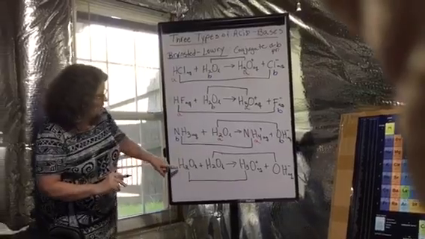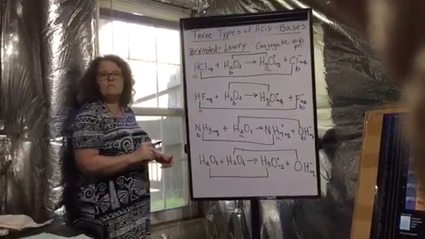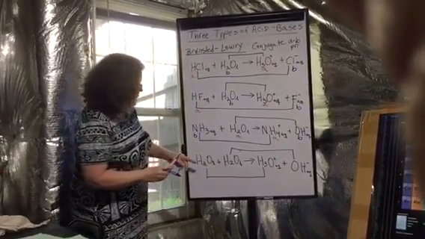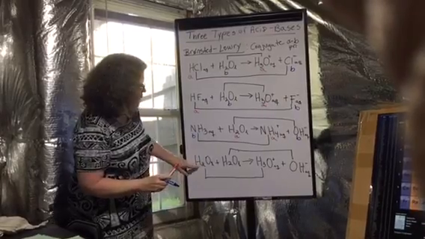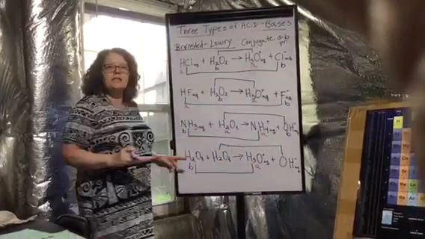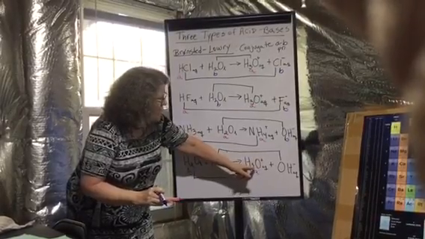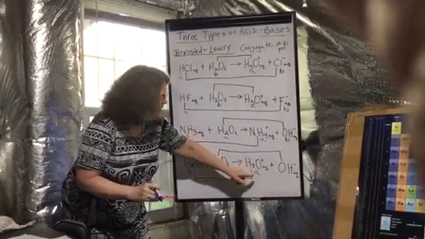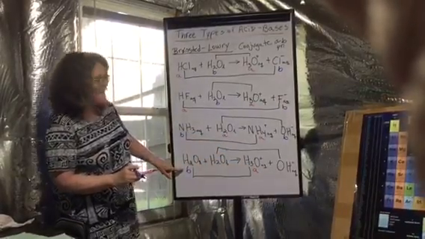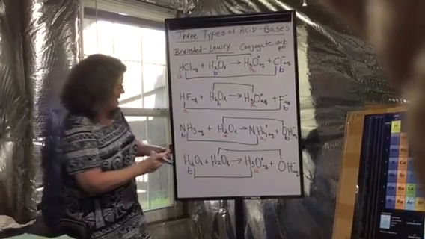Now, I arbitrarily took these waters and linked them up to one of the waters. So I'm going to look at the first one, water with hydronium. In this last one, the hydronium has the extra proton, the extra hydrogen ion, so it's the acid. This water that it's linked with, this conjugate, is the base.